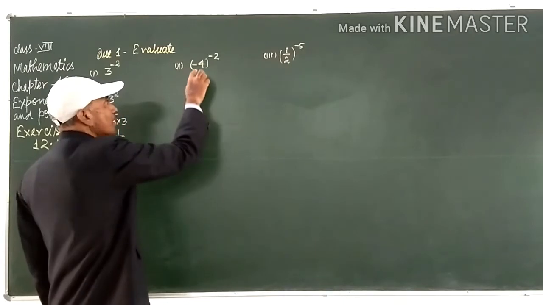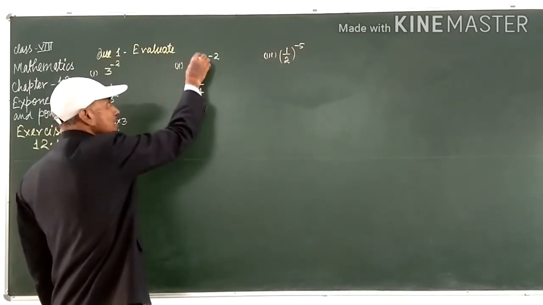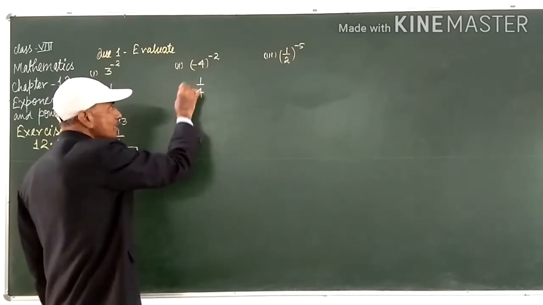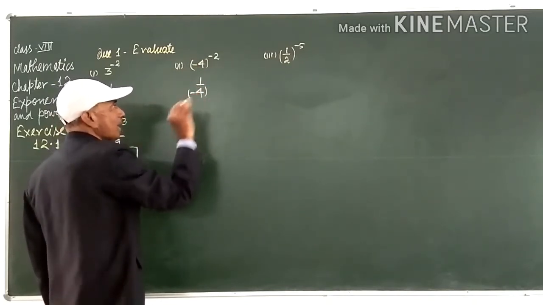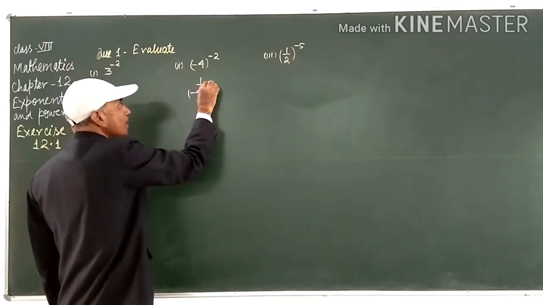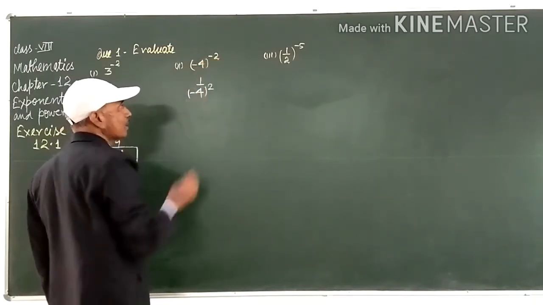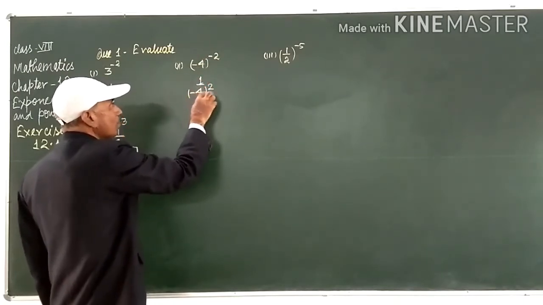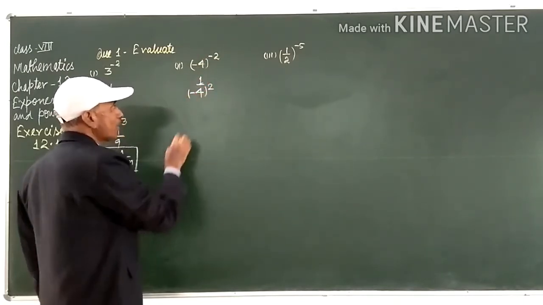Remember this minus, because this is the base, that is minus 4, it will not be changed. This will not change, this will remain negative here, but the power will be changed. The exponent will be changed after writing it 1 by minus 4 to the power 2.